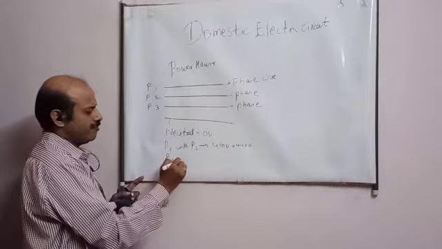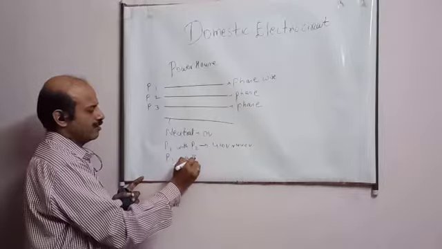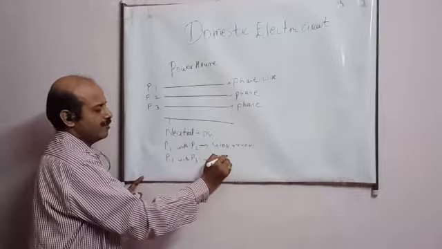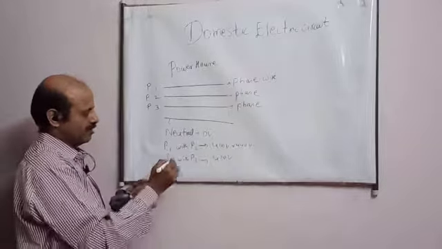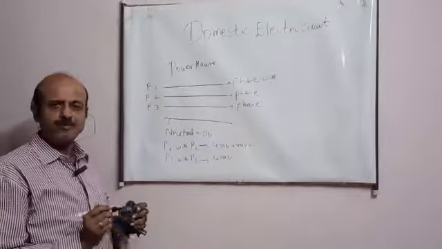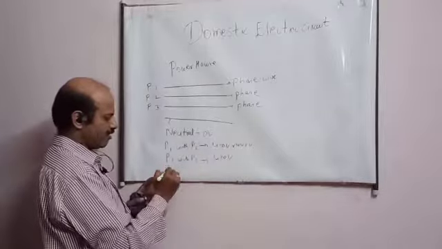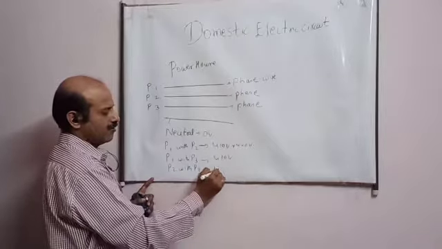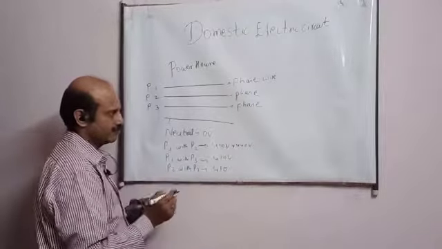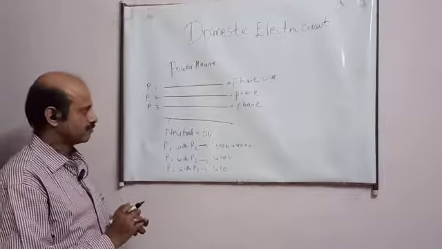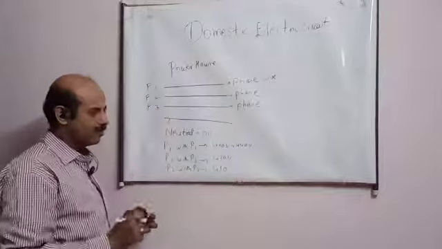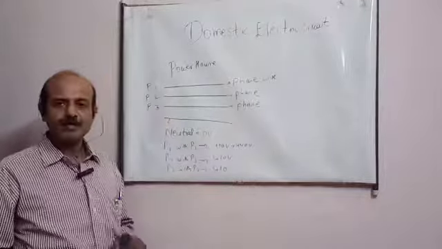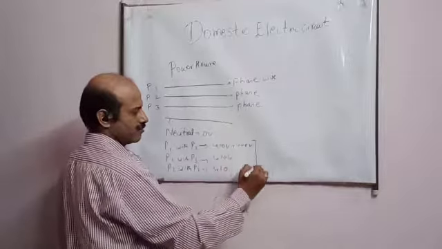If you connect P1 with P3, again the voltage will be this much. If you connect any two lines, the voltage will be this much. Say we are connecting P2, the voltage will be this. So this is the requirement for the industries.